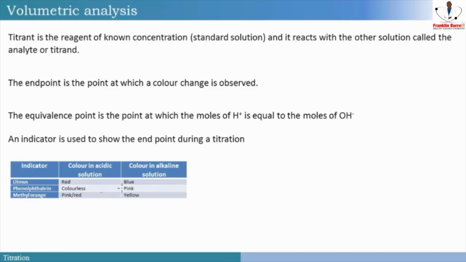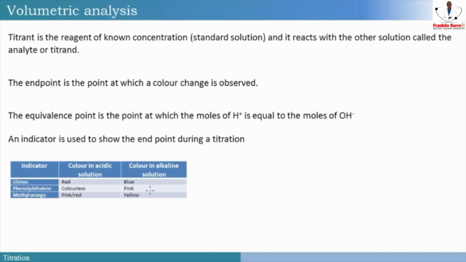And so we use this principle to tell us in an acid-base titration when the solution moves from acidic to alkaline or alkaline to acidic. If the solution is acidic and we run the titrant into the solution, it should remain colorless if we're using phenolphthalein.